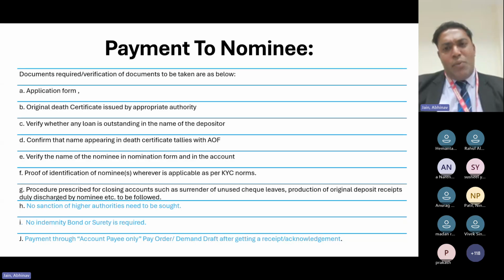Then we'll ask for surrender of unused cheques, etc. Very important: we don't need any indemnity bond or surety in such cases. But one thing we need to take care of is that we have to make payment through account payee cheque or pay order only. And we should get a receipt or acknowledgement when we make a payment to the nominee.